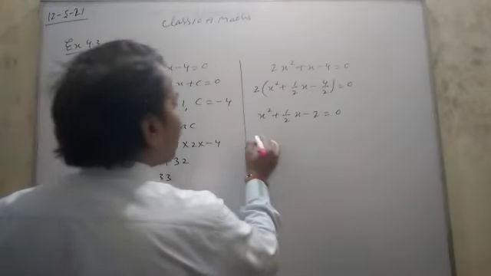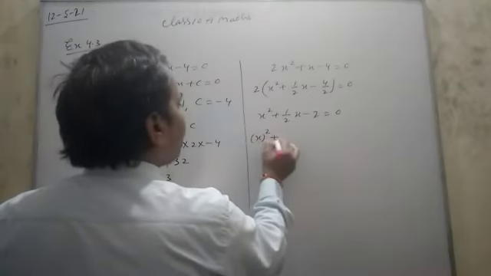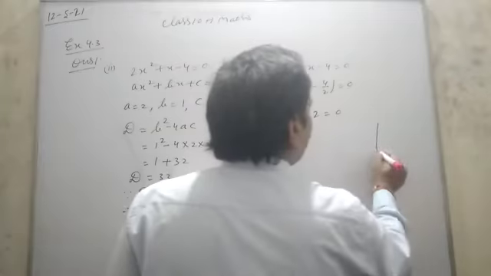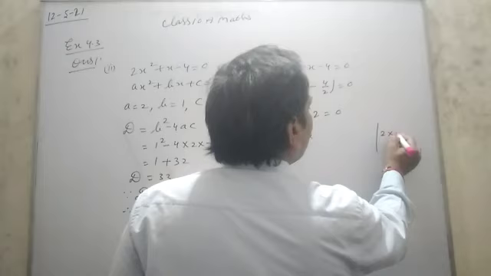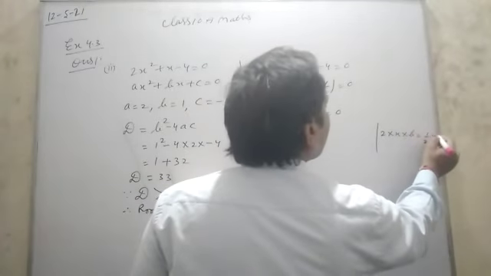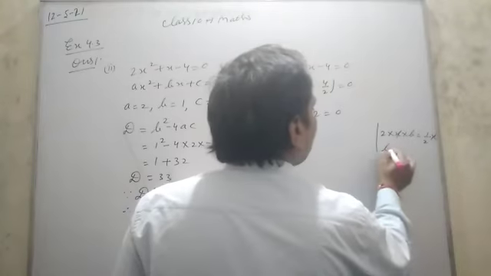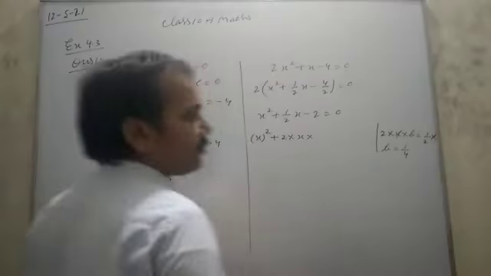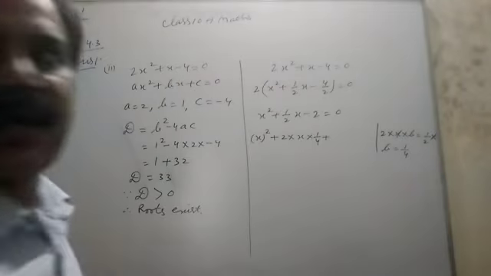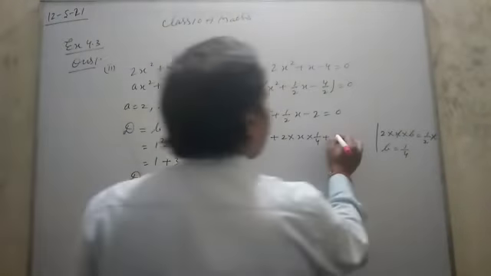So what will be x square plus 1 by 2 x minus 4 by 2, means 2, is equal to 0. So a square plus 2ab, we told how to find b. So 2 into x into b is equal to 1 by 2 x, x cancels, so b is equal to 1 by 4. So 1 by 4 square, add and subtract.